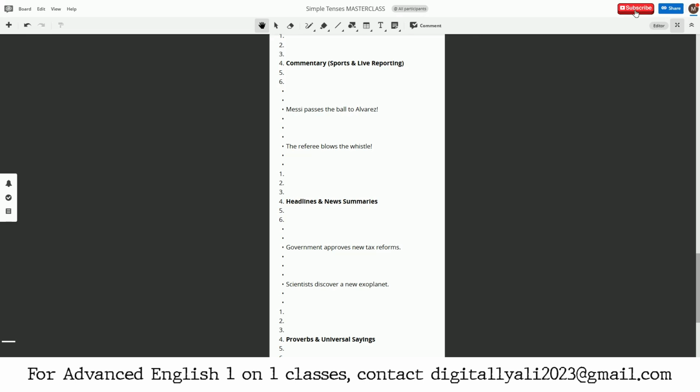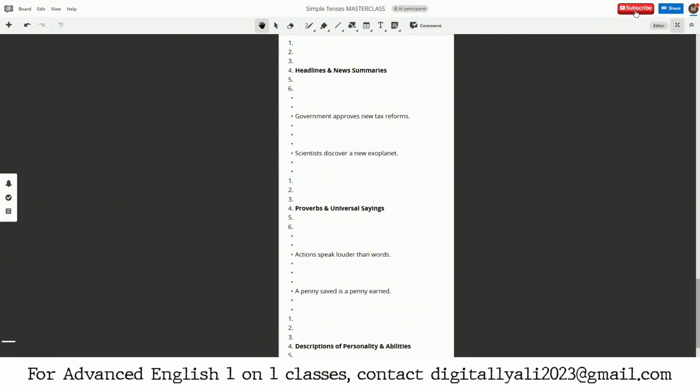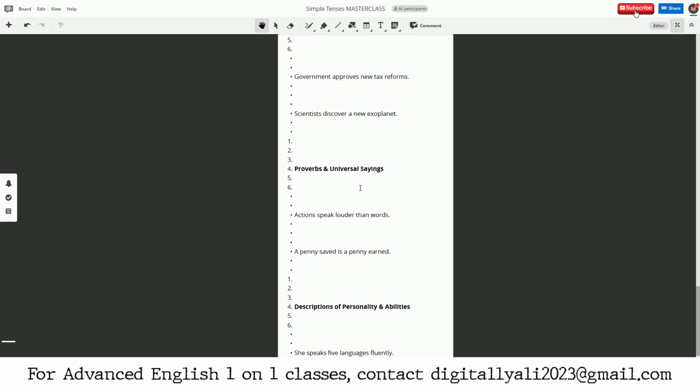Government approves new tax reforms that were just presented, right? And scientists discover a new exoplanet, right? That was just discovered, but instead of saying just discovered, we say discover, because it's so close to the present moment, right?